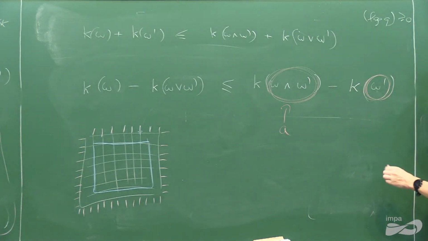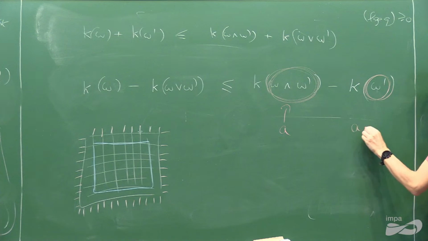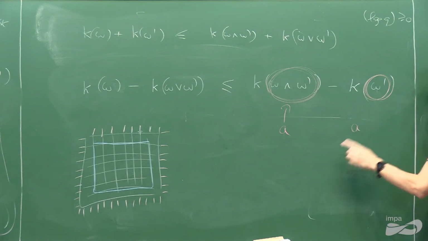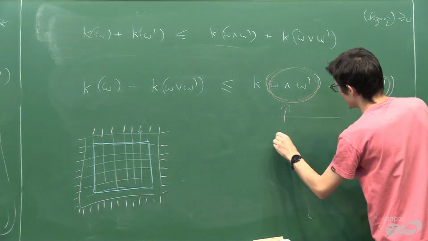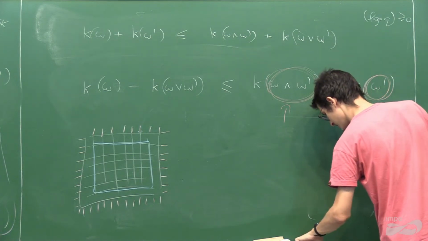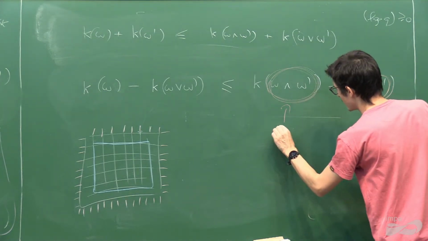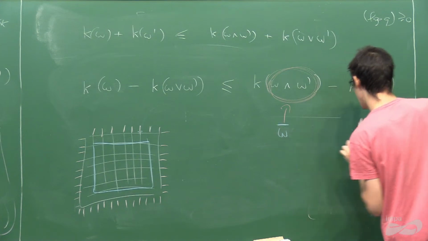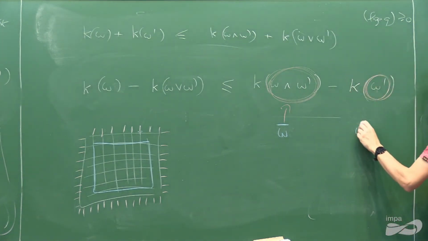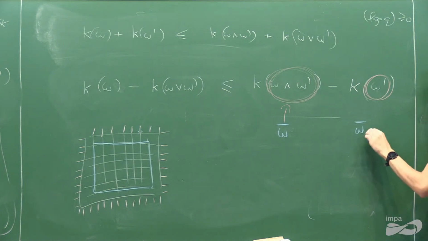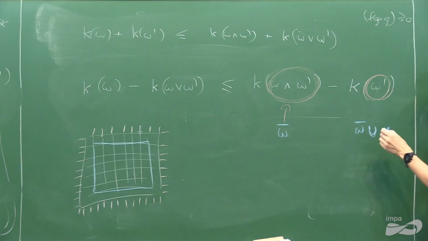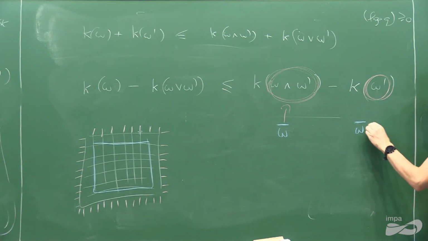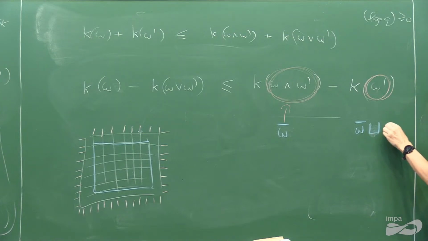Let me use sensible notation. So here you have a configuration omega bar. And here you have a configuration which is omega bar union something, a disjoint union actually, which I call, say, V.